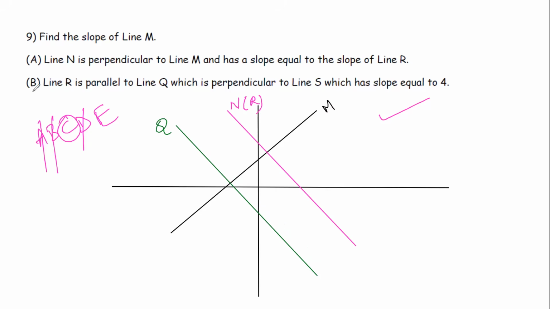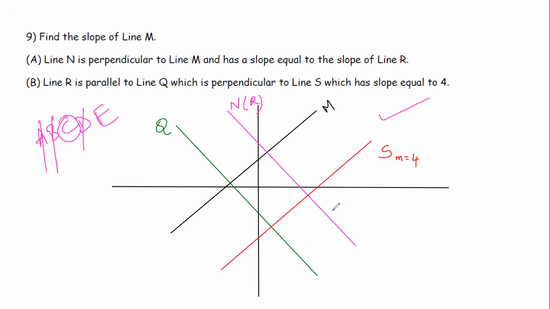So I'll draw it with the red one. So this is your S. And it has a slope of 4.